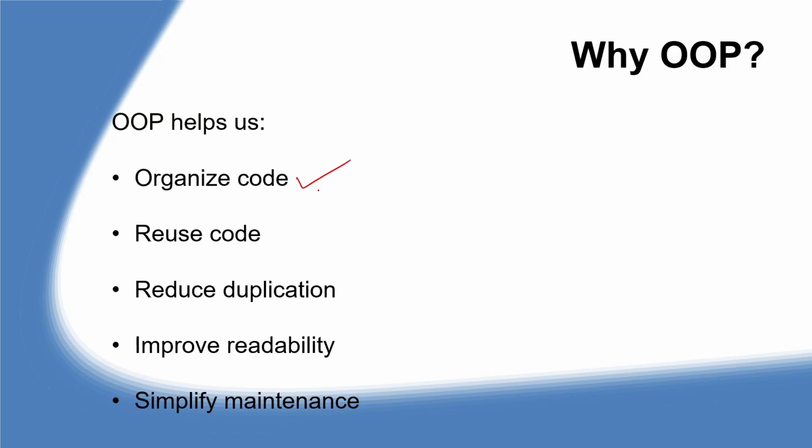Instead of writing in one file, or making one big class, we will divide our application into several different classes. This will improve readability, reduce duplication, let us reuse code, and maintenance will be much easier with the concept of class and object.